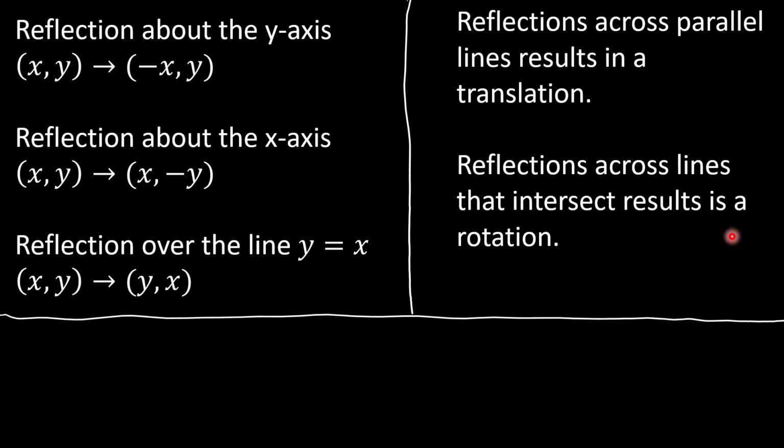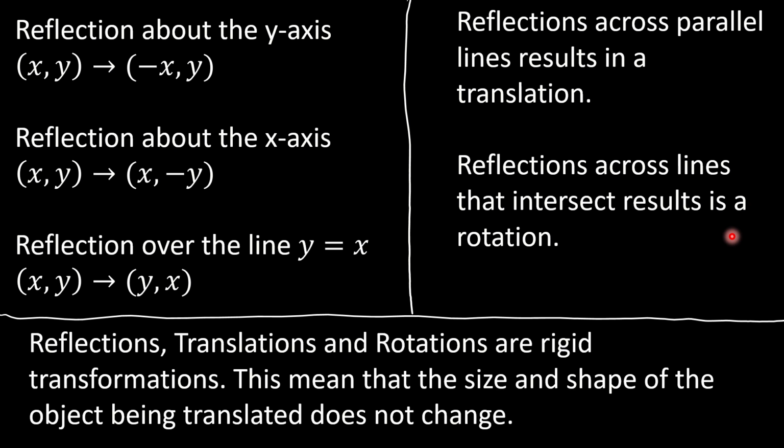So what's interesting about that is that we have three rigid transformations: reflections, translations, and rotations, and those can all be achieved by just using reflections, because with two reflections I can get either a translation or a rotation, depending on the nature of the lines that I'm reflecting across.